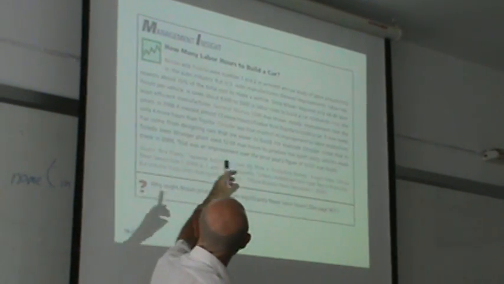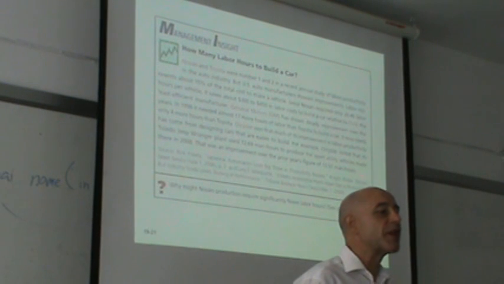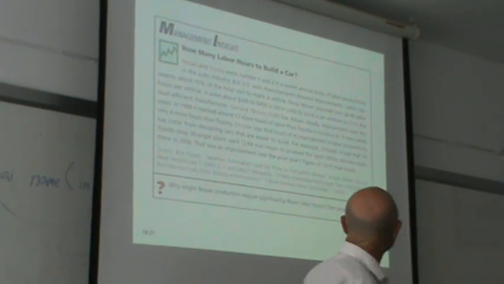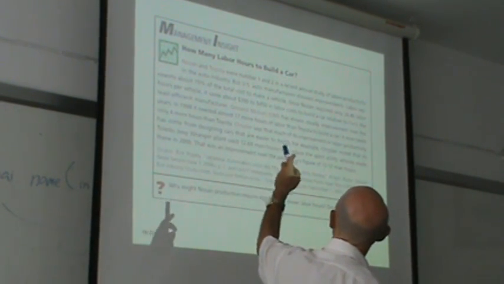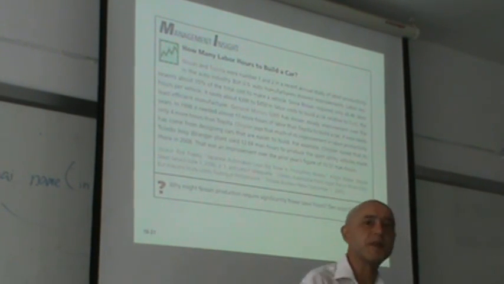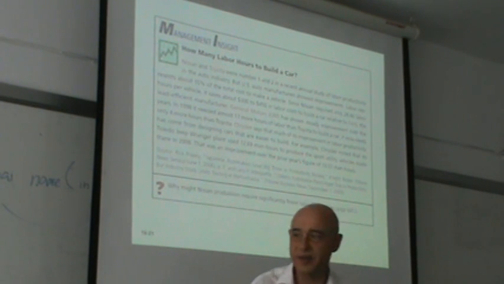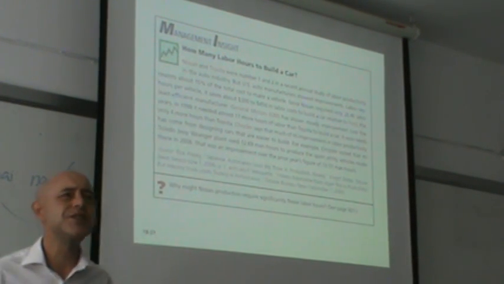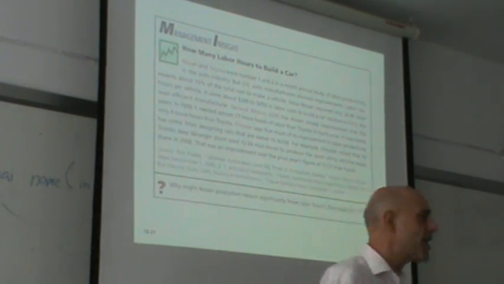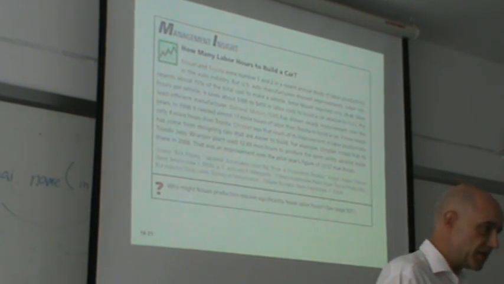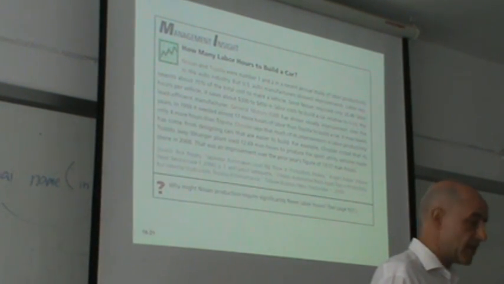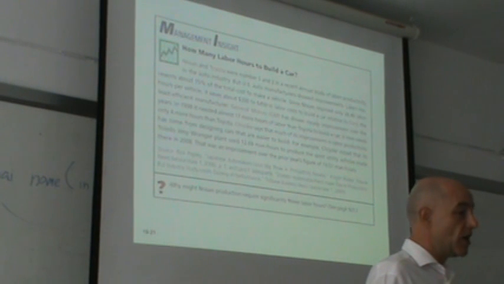So they got here a little thing, maybe you will read it at home. I'm not going to be explaining to you how many labor hours it takes to build a car at different car manufacturers, or how many labor hours to build a motorcycle and whatnot. Today they use more and more machines and more robots and not real people.